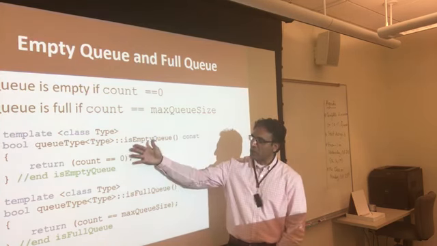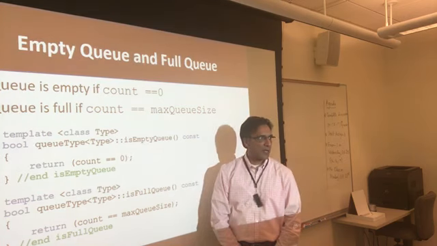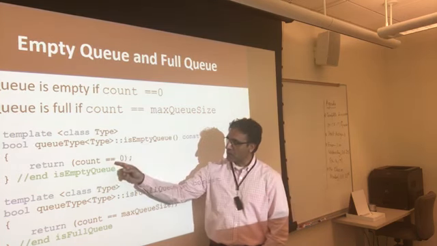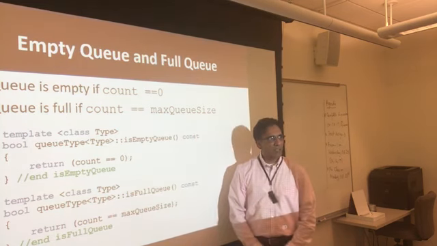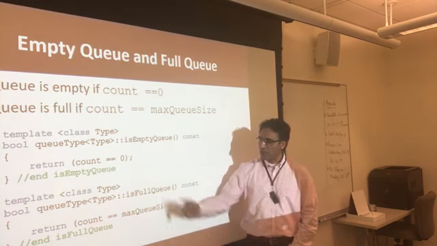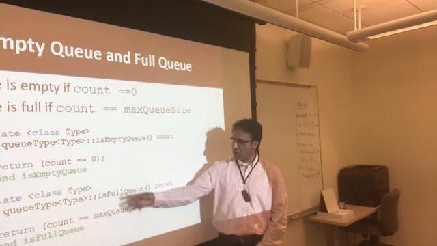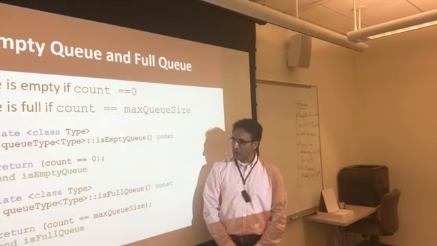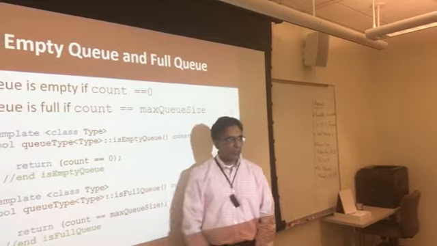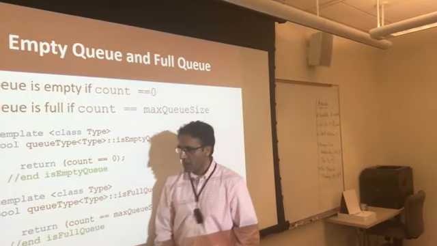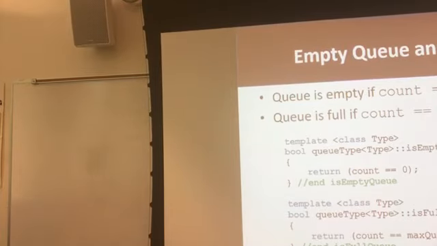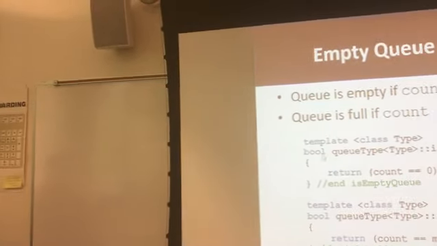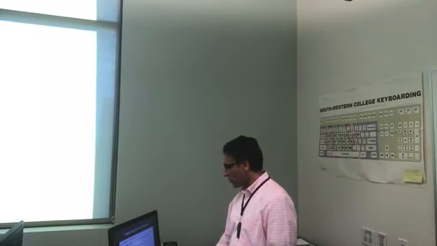Very similar to the method we use in stack: if the count equals 0, it's empty; if the count equals the maximum queue size, it's full. There's hardly any change. The only change is the name is different. Instead of stack type, we are saying queue type. Of course, it's going to return true or false because it's a Boolean return type, based on whether the condition is true or false.